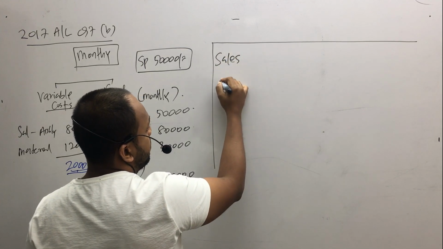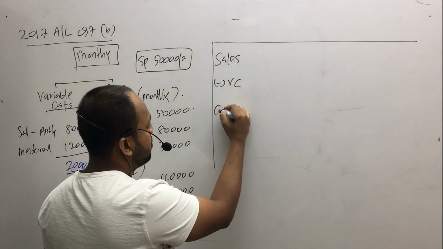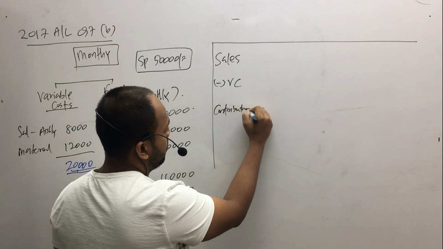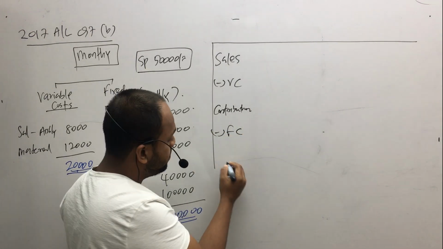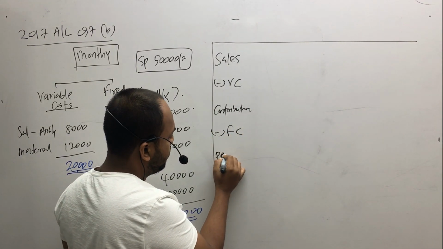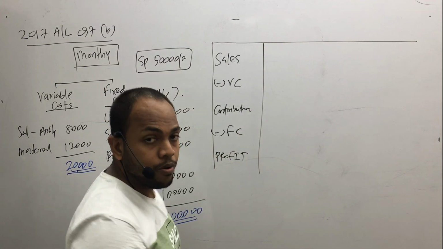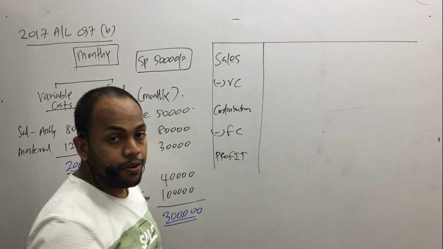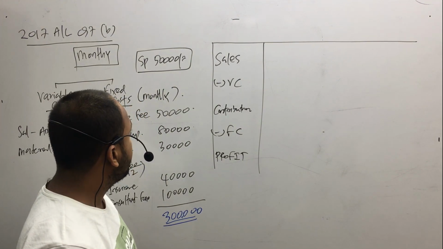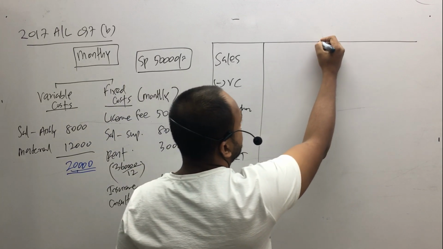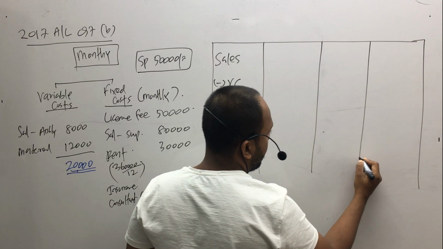Sales minus variable cost is contribution. Then if we deduct the fixed cost, we get the profit. This is the statement to calculate the profit.